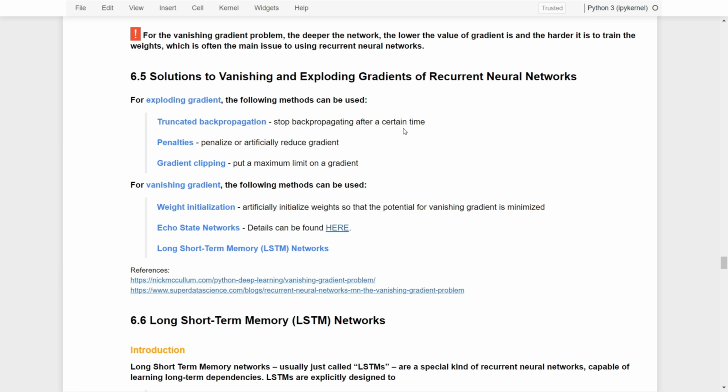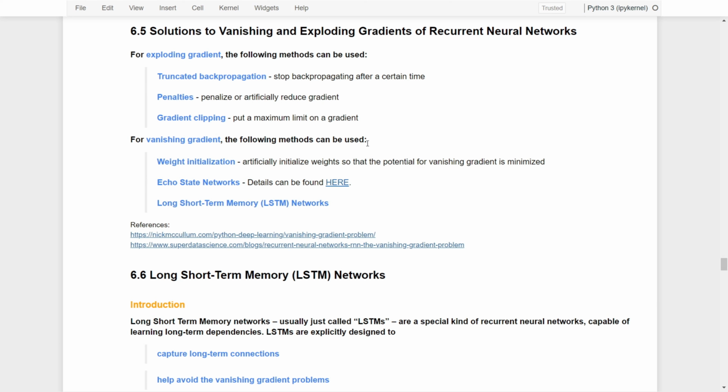For the vanishing gradients problem, there are some methods we can also use to try to solve that problem. For example, we can artificially initialize the weights so that the potential for vanishing gradients is reduced. At the same time, we can use a specialized network called the echo state network. On the other hand, we can also use another specialized network to solve the problem, the so-called long short-term memory.